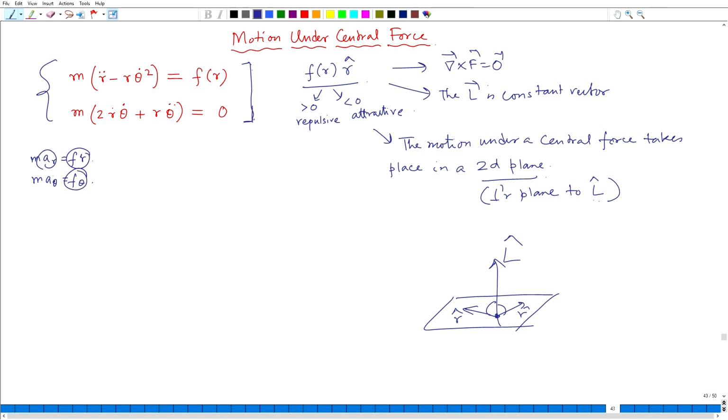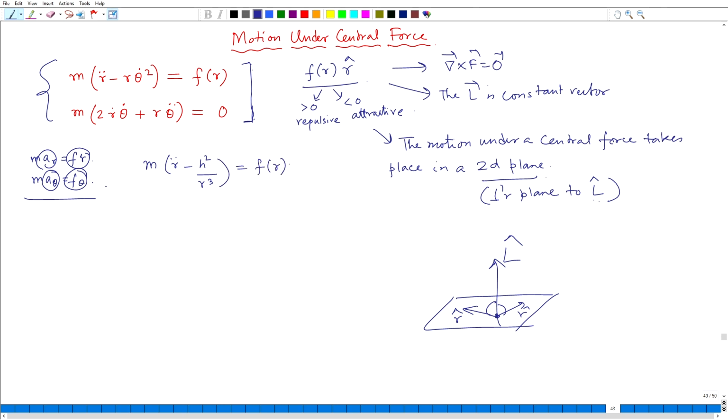They are the radial and the cross radial components of the force, and of the accelerations. Then finally, we have shown that the whole system of equations becomes: m r double dot minus h square over r cube is equal to F(r).